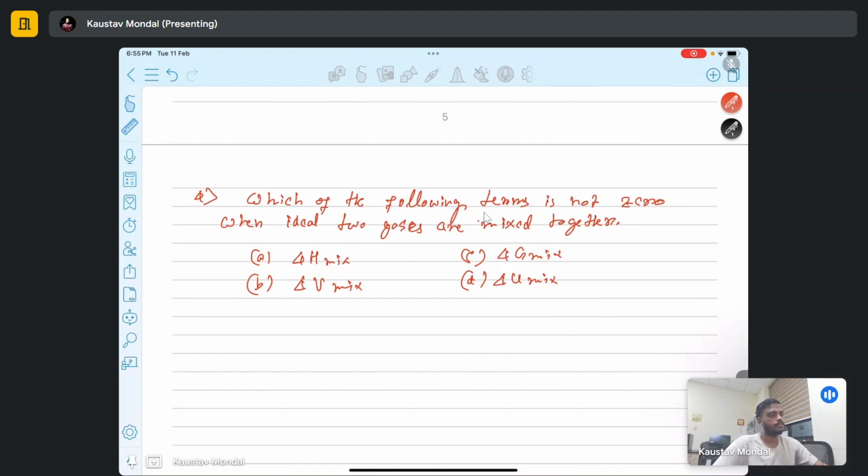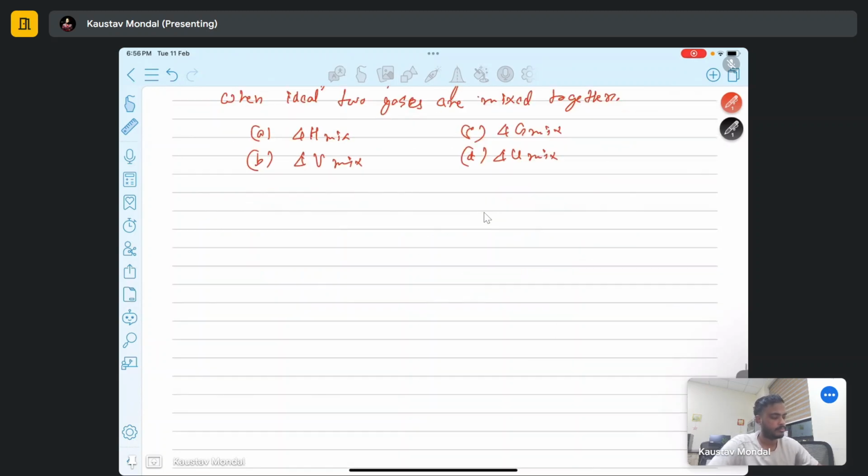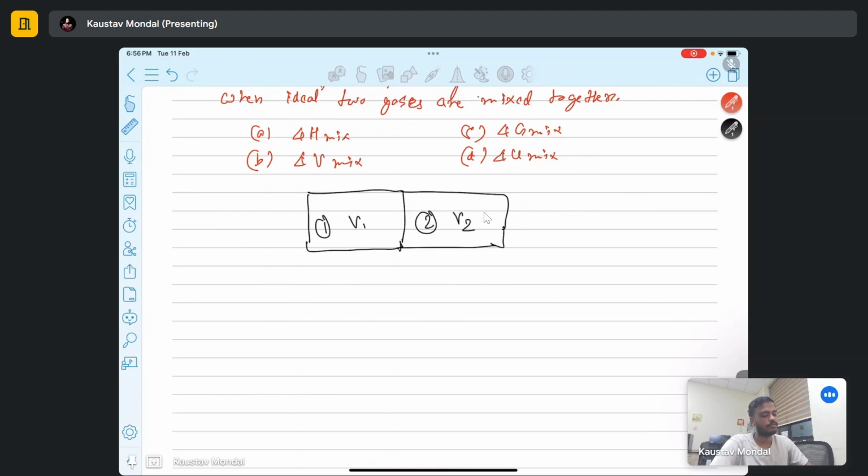So we have discussed this in the case of ideal gas. Let's suppose these are the two ideal gases in a container, and there is a separation in the container. On the two sides, there is ideal gas 1 occupying the volume V1, and ideal gas 2 occupying the volume V2.